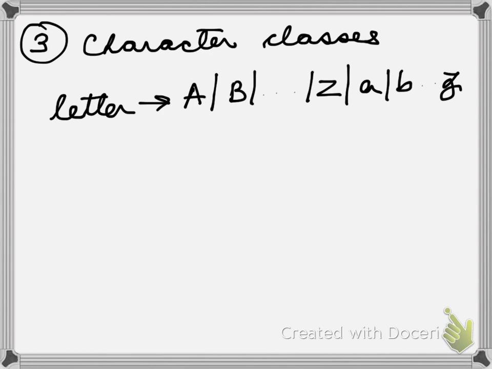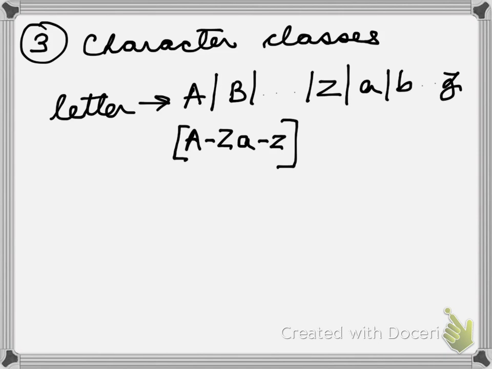Now these are all consecutive characters in the character set. So we can write it using the square brackets, and I can just write the first symbol, dash, last symbol, and then small a dash z. So this represents the character set for letters.